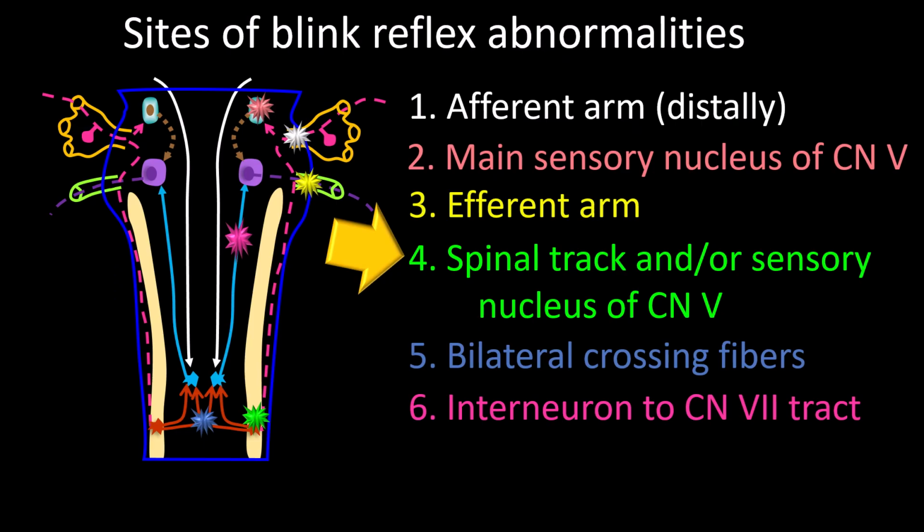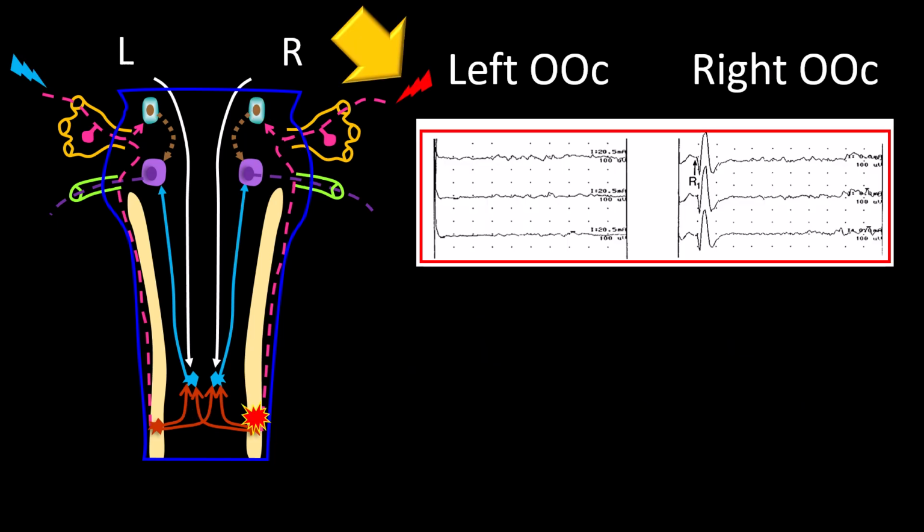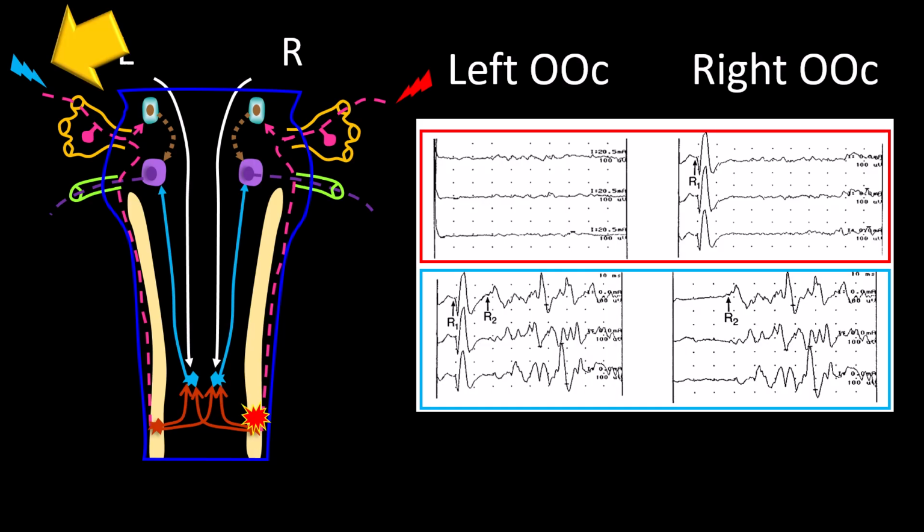A spinal tract and/or sensory nucleus cranial nerve 5 involvement, if of the current conduction interrupting type, upon stimulation of the affected side will generate a normal R1 but no R2 ipsilateral and no R2 contralateral. Upon non-lesional side stimulation, the study is normal.